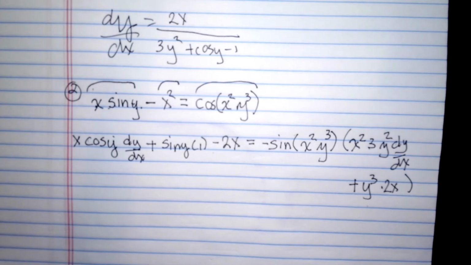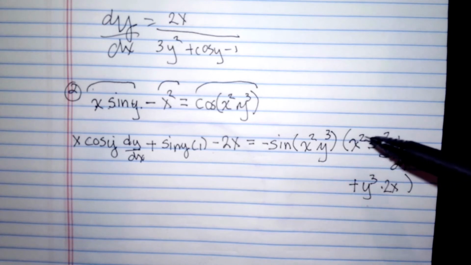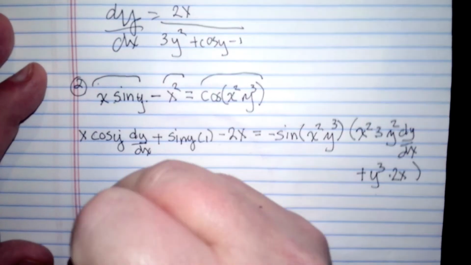So we need to separate out the dy dx terms and get them on one side. What we're going to have to do is distribute this minus sine x squared y cubed across this sum so that we'll be able to isolate the dy dx terms. So let's get started with that.